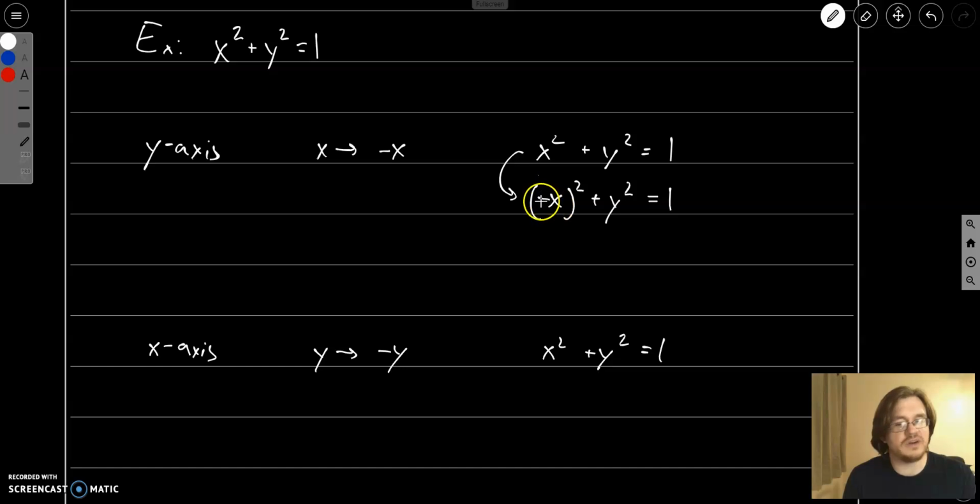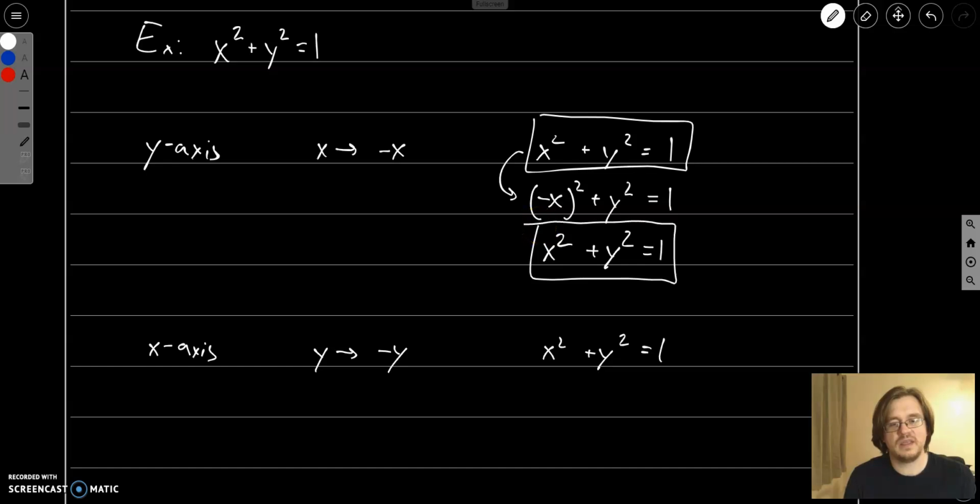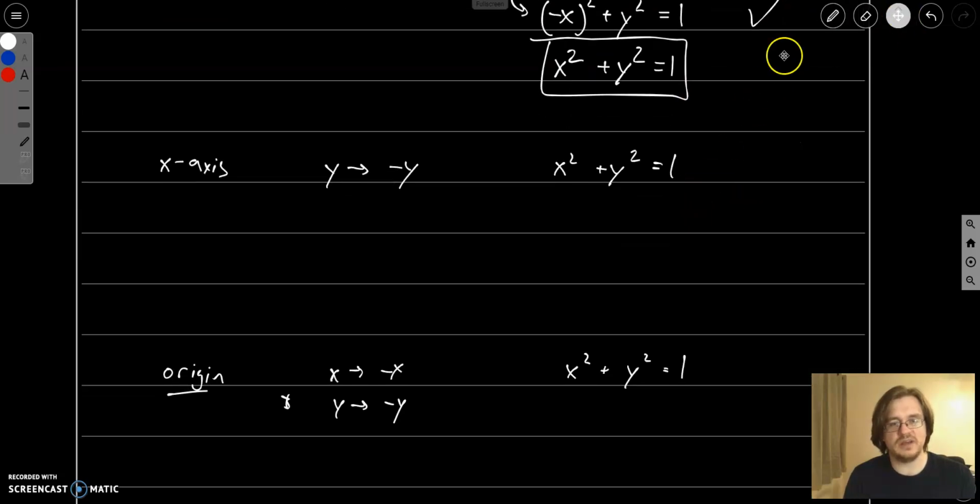Just like before, negative x times negative x is going to be x squared. The negative signs cancel out, so we get the same equation and it's symmetrical about the y-axis. If we keep going, symmetry about the x-axis means we're exchanging up and down, so we're exchanging positive y values for negative y values.